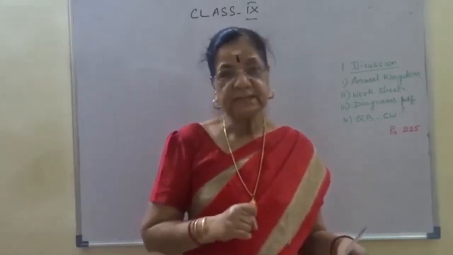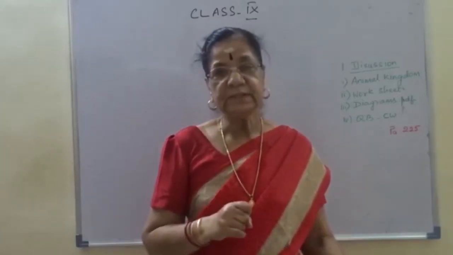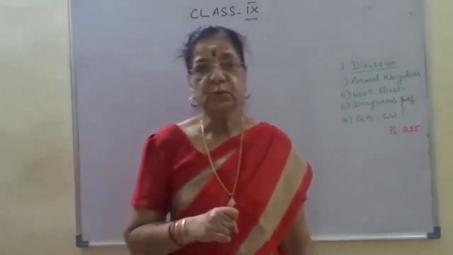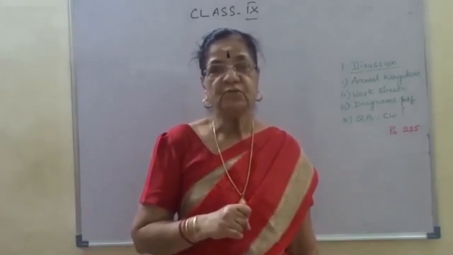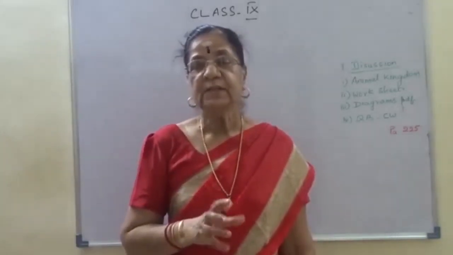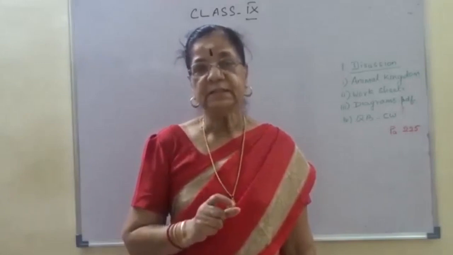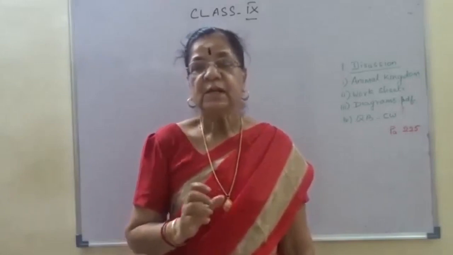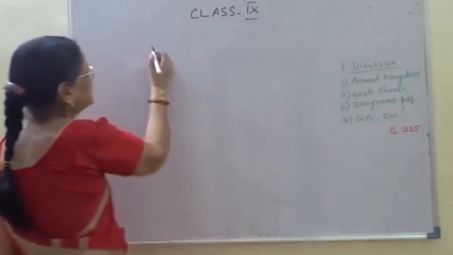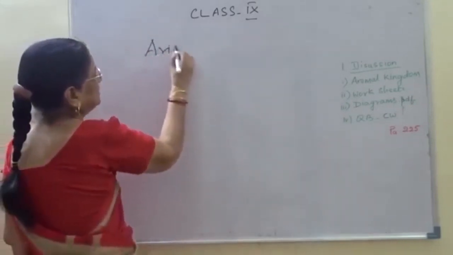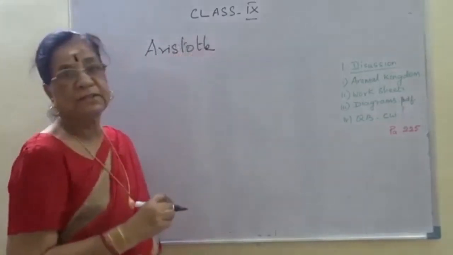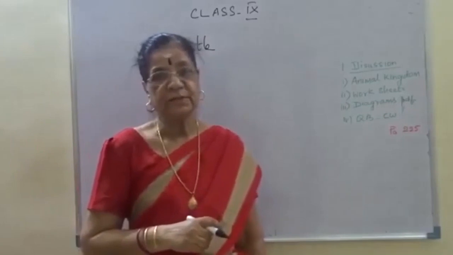Then it is said the systematic approach of this classification is included under the branch of biology, taxonomy. Now in this taxonomy, Aristotle is considered the father of taxonomy. Note the spelling: Aristotle, father of taxonomy.